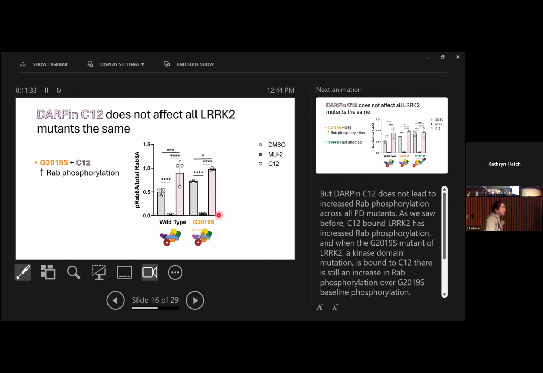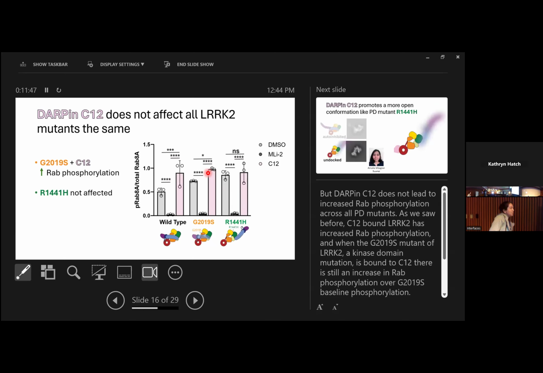But interestingly, C12 does then further increase Rab phosphorylation. So not only do you have a hyperactive kinase, you have a more accessible kinase. And so you have a further increase in kinase activity. But where it got interesting is that R1441H didn't seem to be affected by DARPin C12.